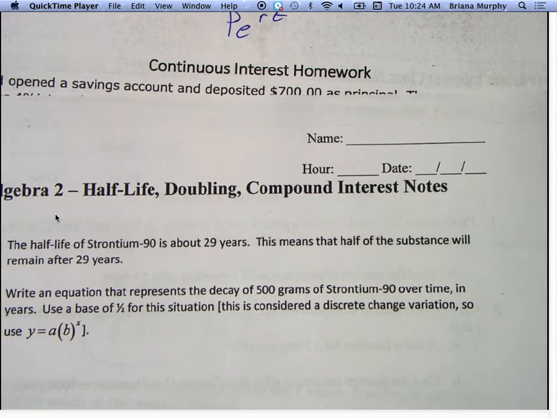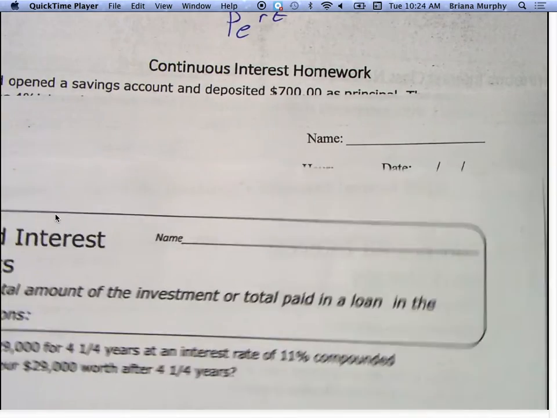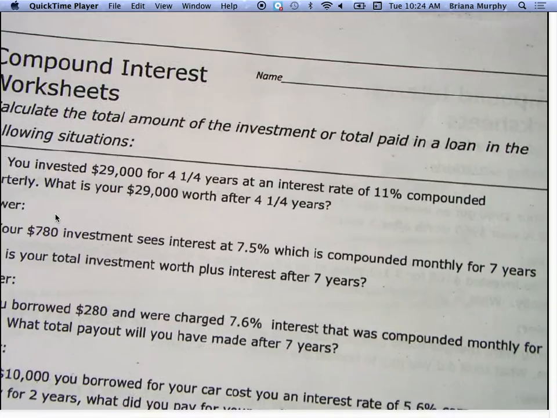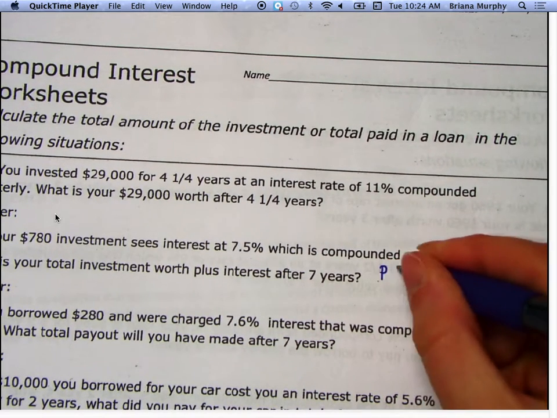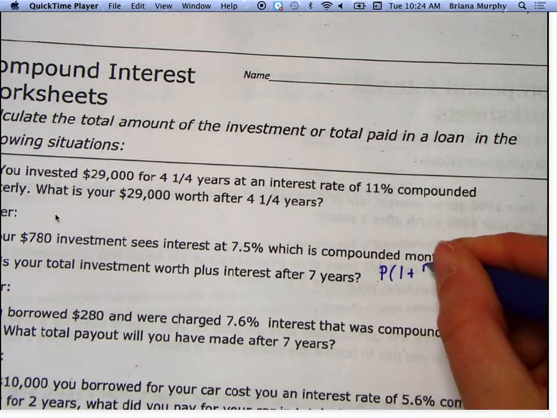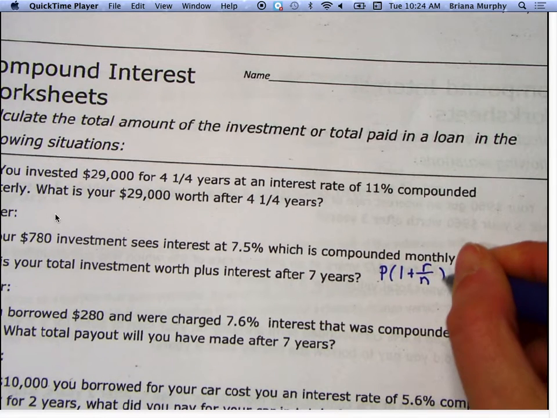Compound interest. So I am going to do one problem quickly for you. Number 2, the issue was that the equation needs to be P times (1 plus r over n) to the n times t.